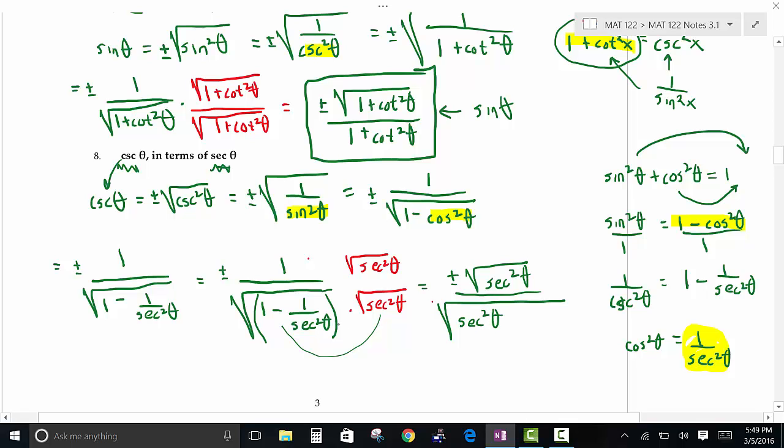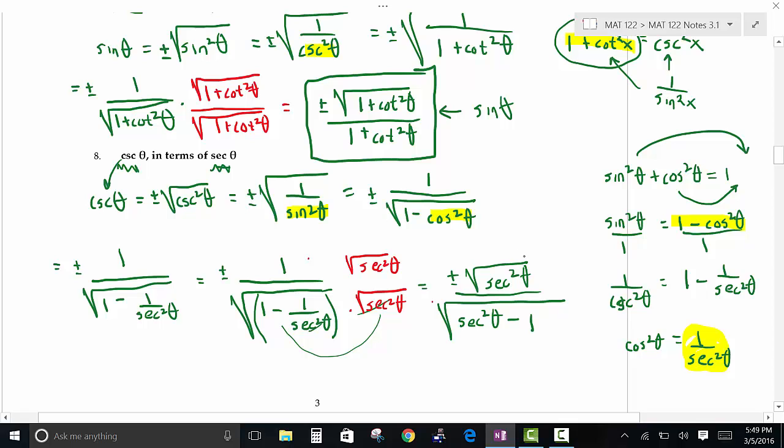And then when you multiply this by that, they cross out, so you'd be left with 1 like that then. Okay? Now the reason that I'm multiplying that by a square root of secant squared theta is so that it will go under that radical, and that's real important.